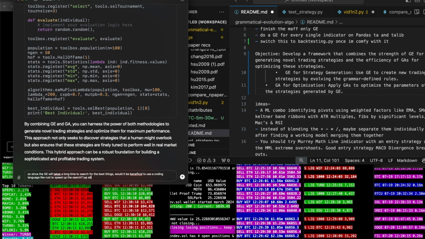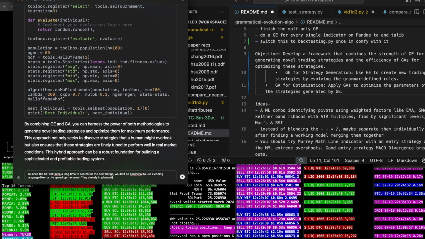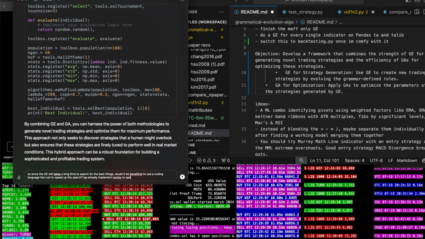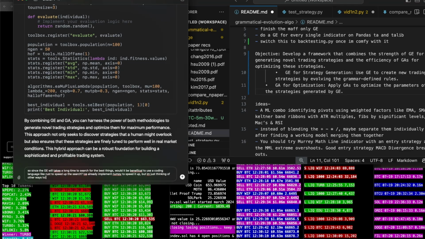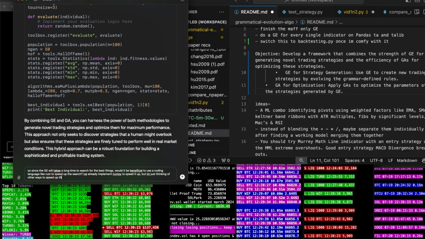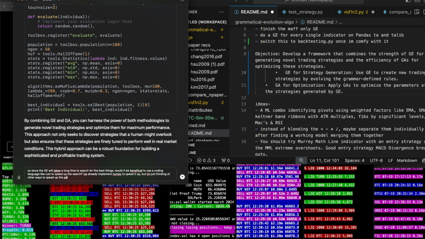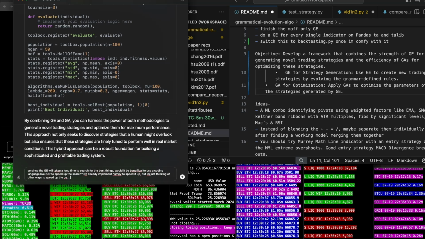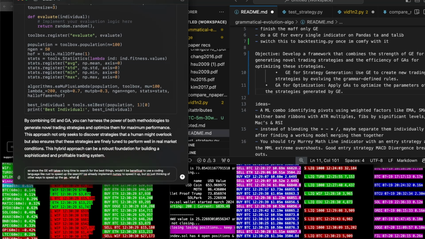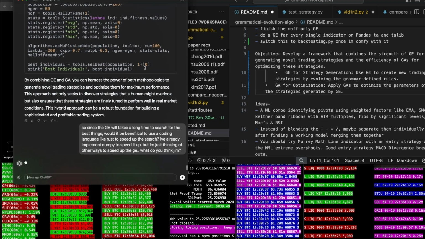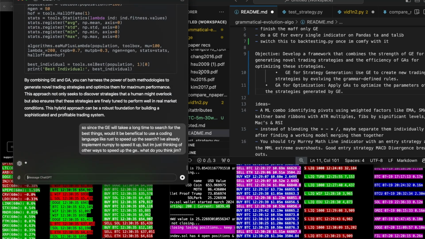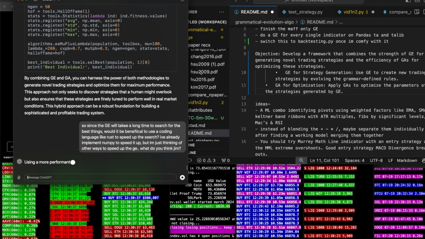I've already implemented NumPy to speed it up, but I'm just thinking of other ways to speed up the GE. What do you think, Jim?